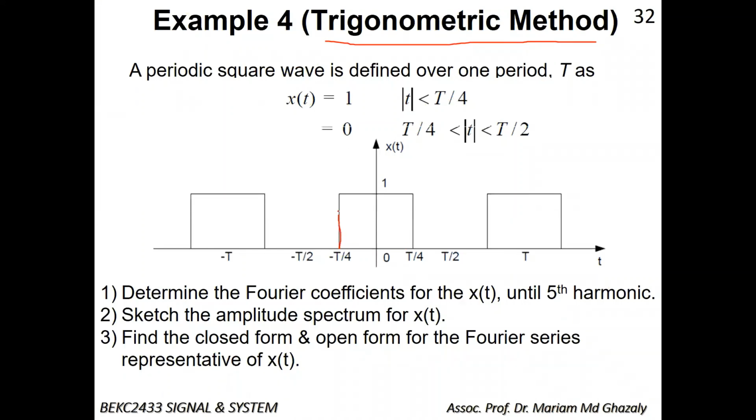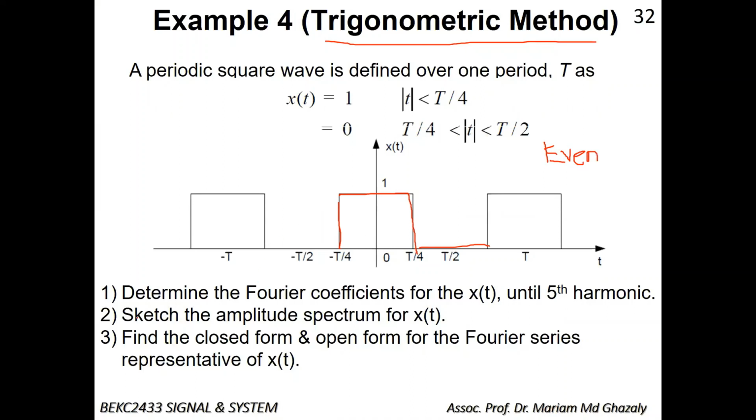And for the other values, between T over 4 and T over 2, it's 0. So you see that this is a periodic signal, and it's actually an even signal.